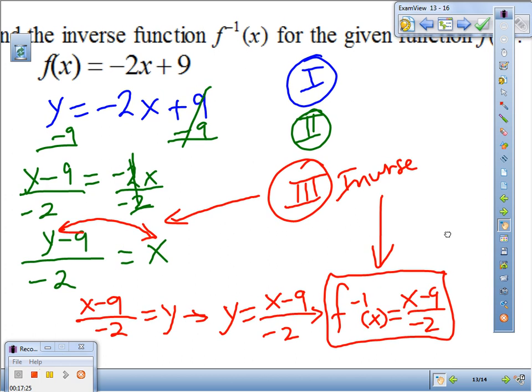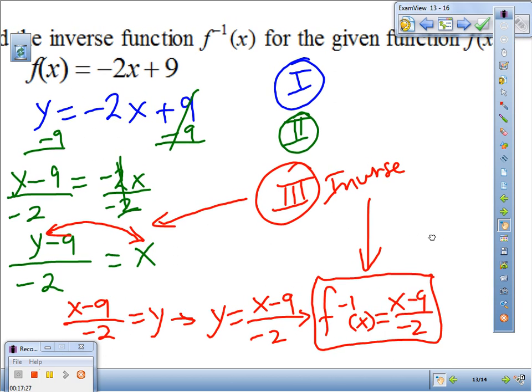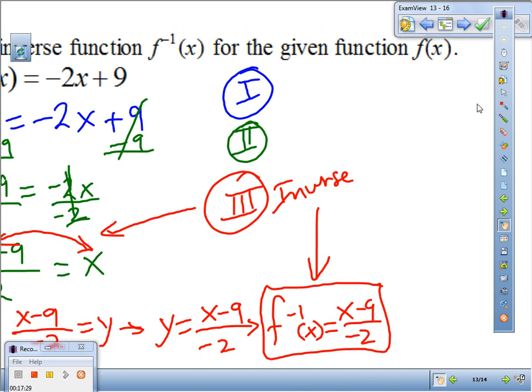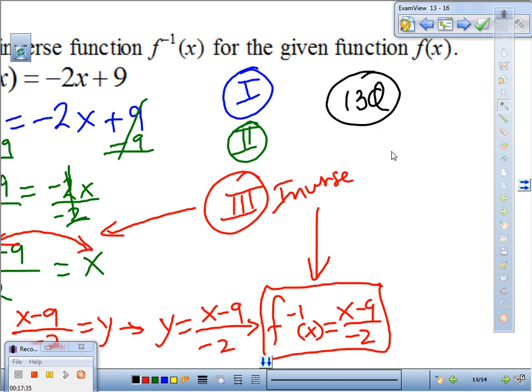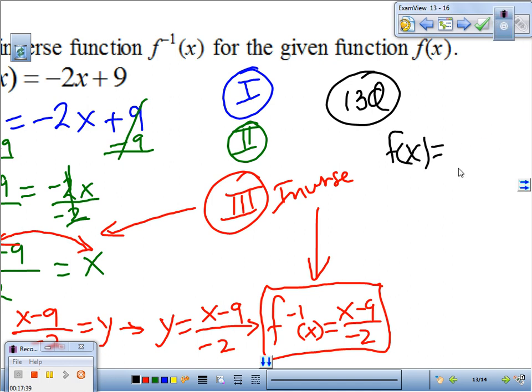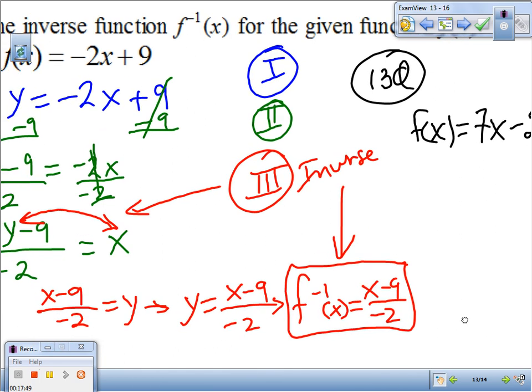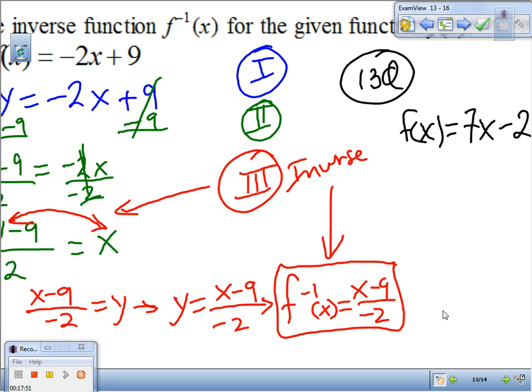Okay, I did one with you. You're going to do one by yourself. Here it goes. This is example 13Q. F of x equals 7x minus 2. Change that to its inverse. I'll leave the instructions or that little process right there.